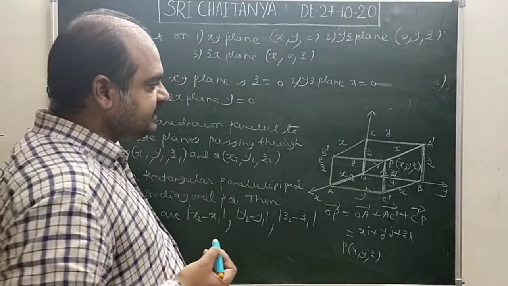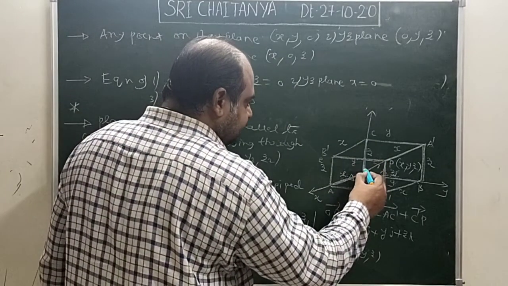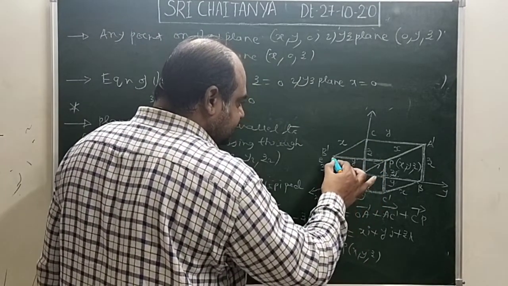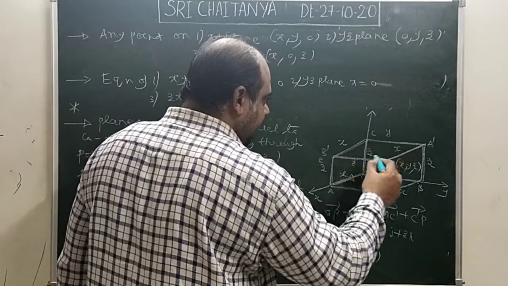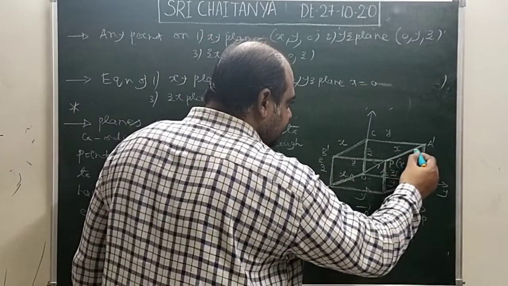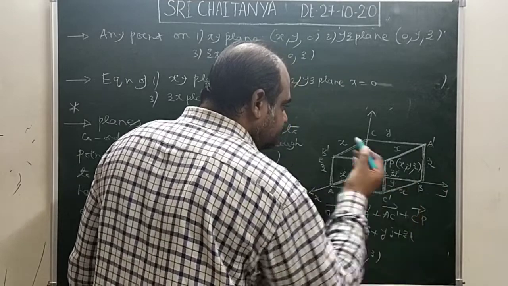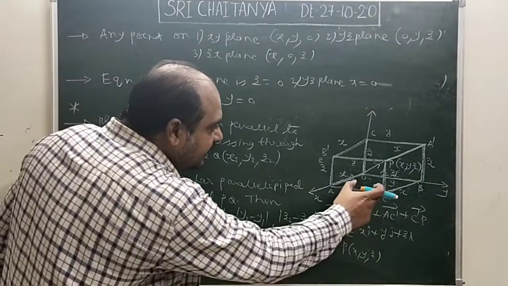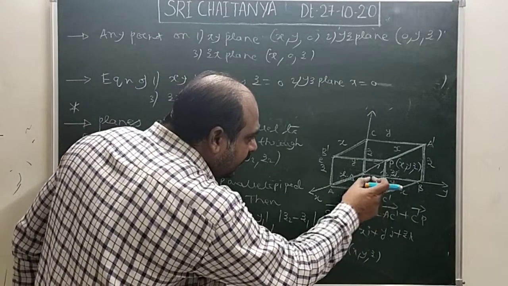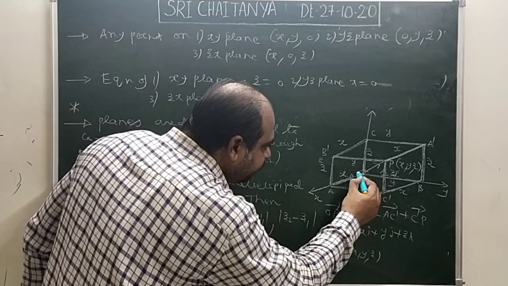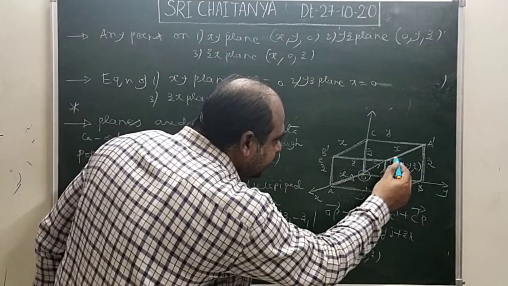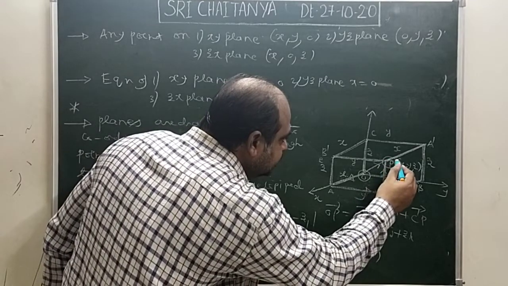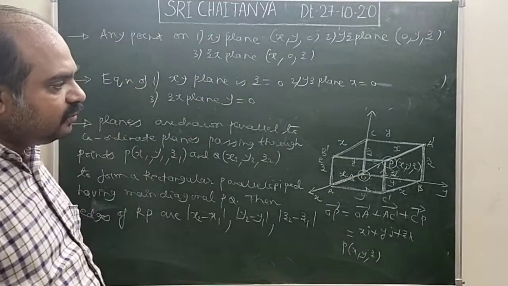So these two faces. And then the zx plane is this. Opposite to this, there is one plane that is parallel to the zx plane. This parallelepiped is drawn passing through this point O and this point P.